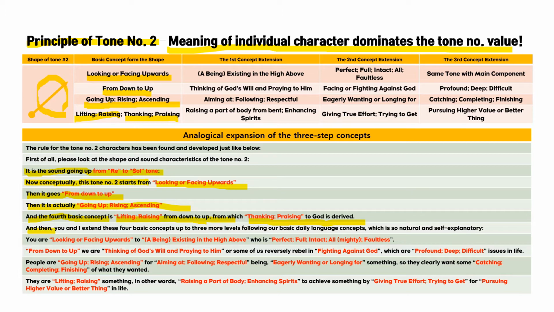So you and I extend these 4 basic concepts up to 3 more levels, following our basic daily language concepts, which is so natural and self-explanatory. Please agree with that.